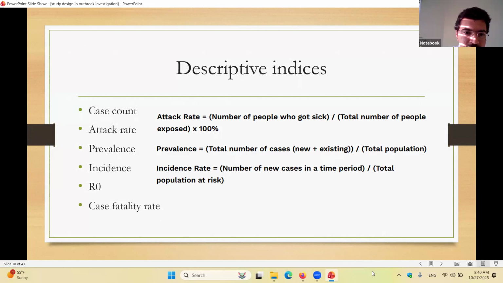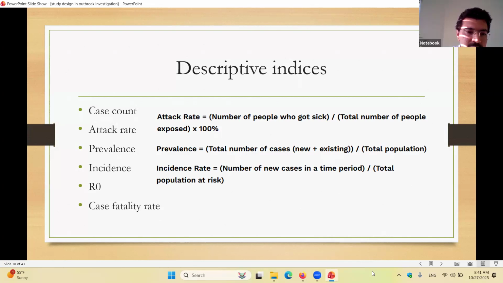The first one is case count, the number of cases counted, which is self-representative. The second one is attack rate. The next one is prevalence. The next one is incidence. I will tell you the formulae. The next one is R0, or basic reproduction number.